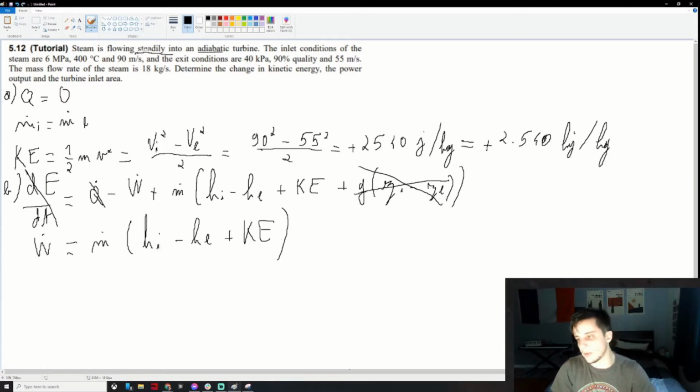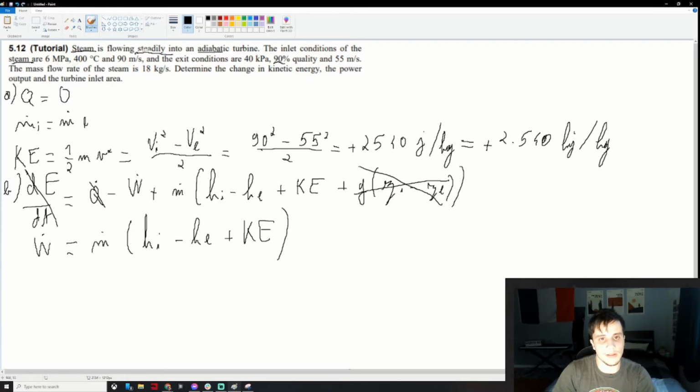So for specific enthalpy, we are given hints. Here it's steam, so that can only mean water. For the first state, we're going to assume it is superheated vapor, so you're going to go into your superheated vapor tables, which we're going to do in a minute.